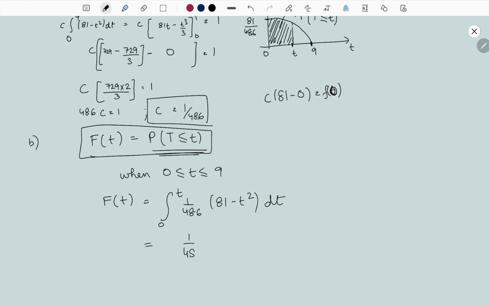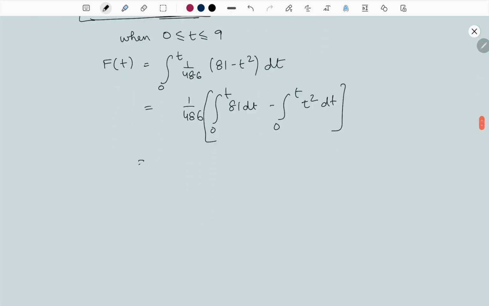So this is 1 by 486 times the integral of 81 dt minus the integral of t square dt, which is 81t minus t cube by 3, from 0 to t.